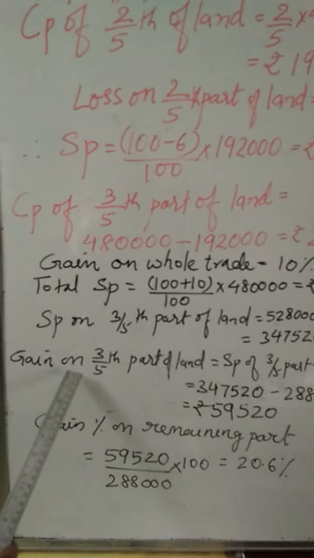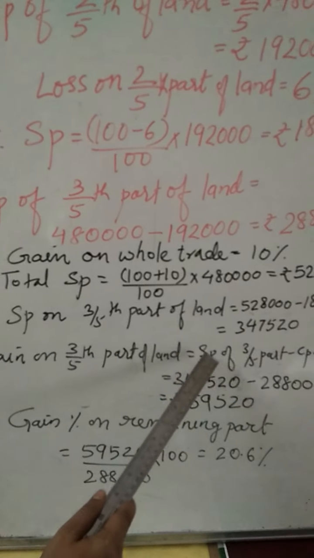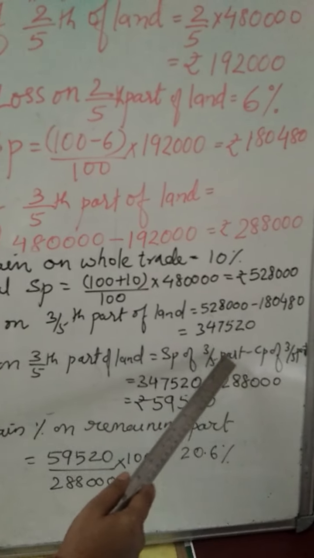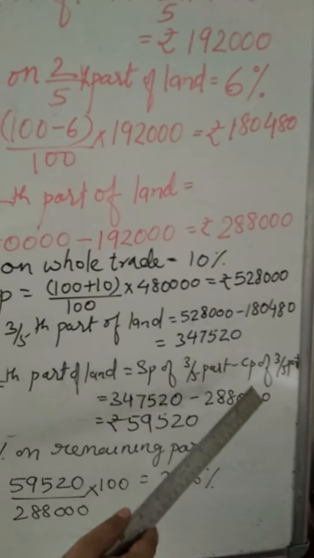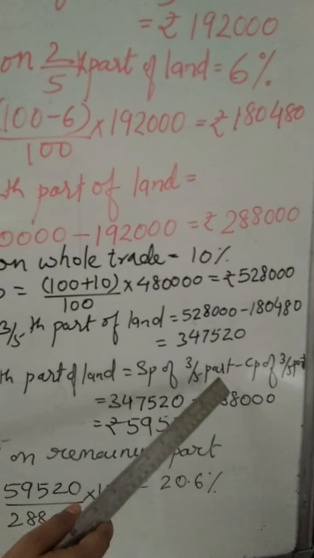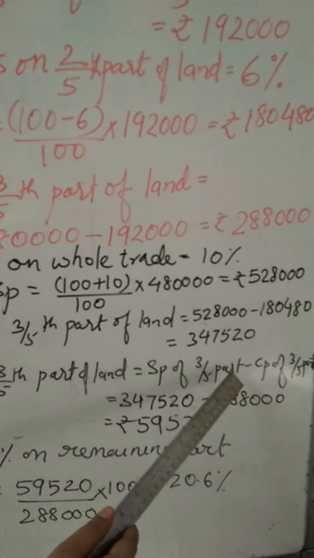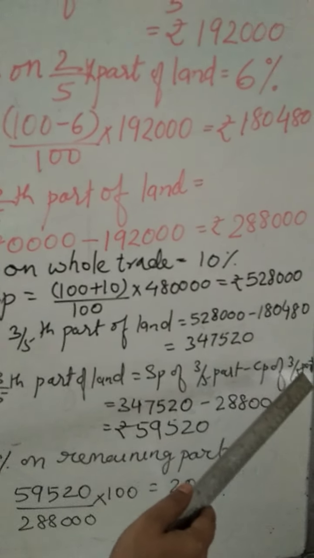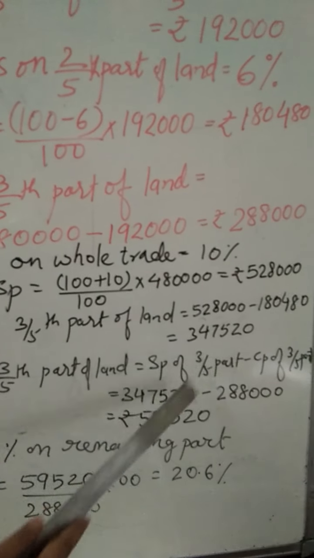Now gain on 3/5 part of land is equal to SP of 3/5 part of land minus CP of 3/5 part of the land. Due to shortage of space, I have not written the whole. Subtract these values, which we have calculated.